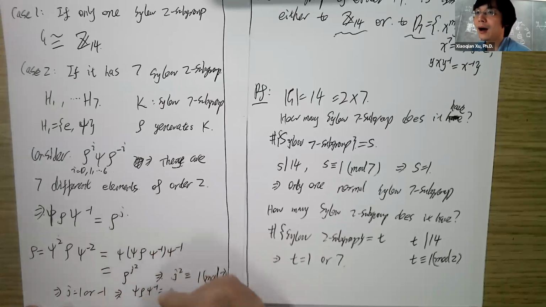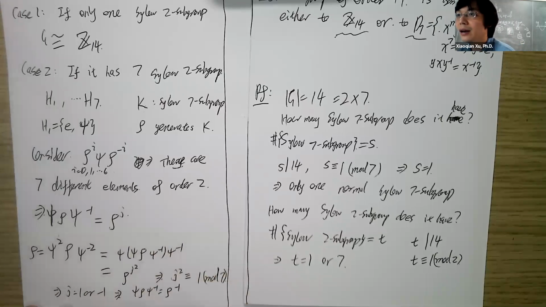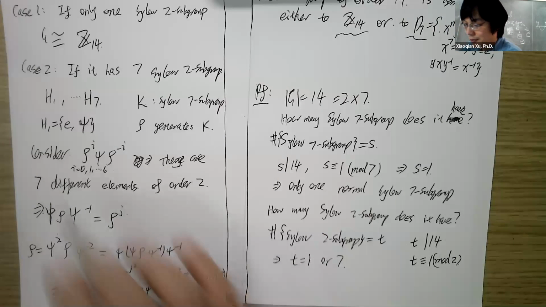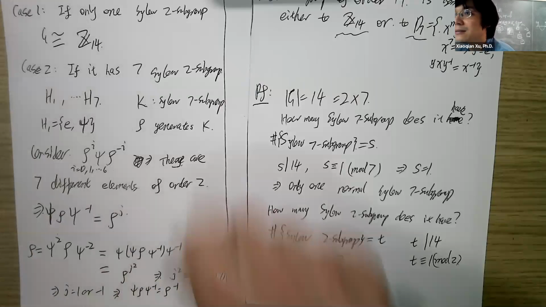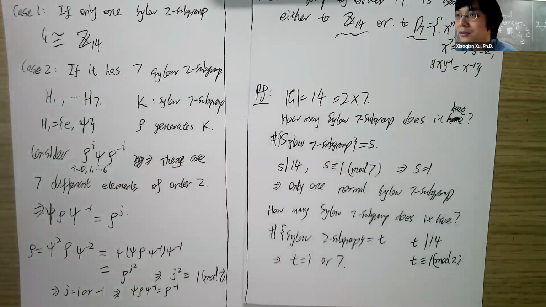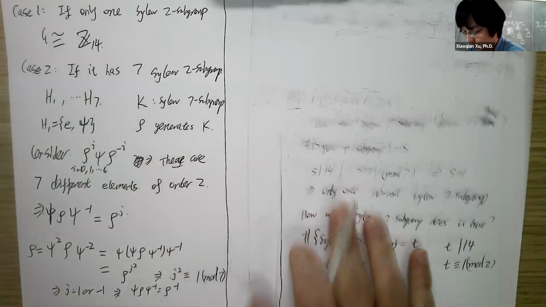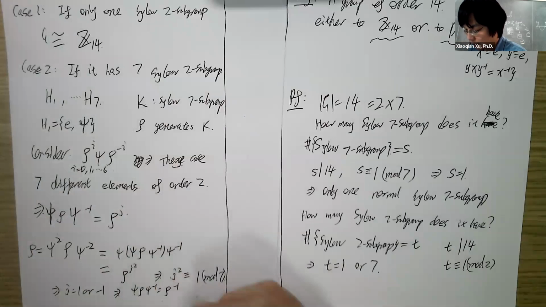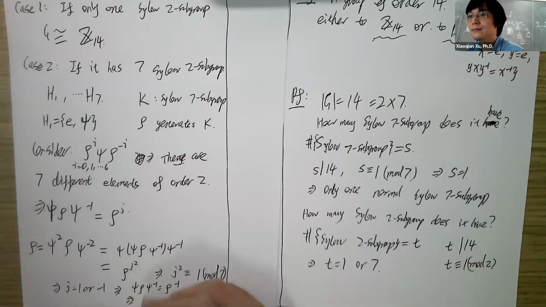It cannot be 1. Otherwise, this G is abelian, and G is actually isomorphic to Z14. Very easy to see. So that means G is isomorphic to D7.